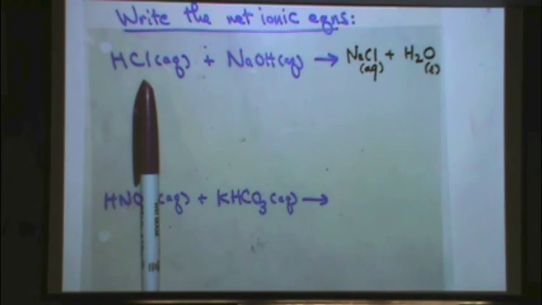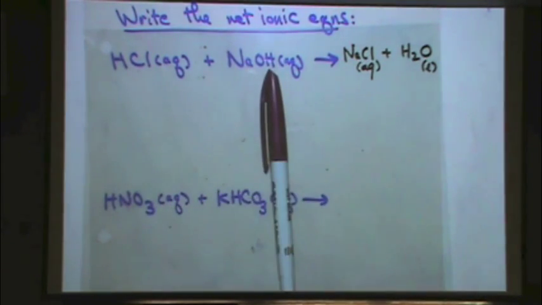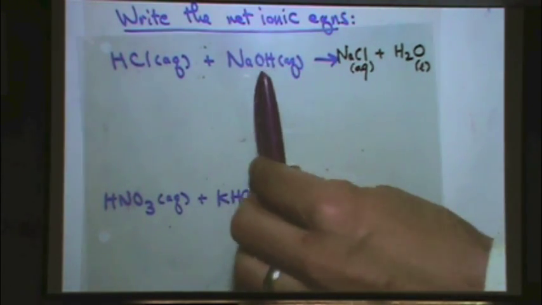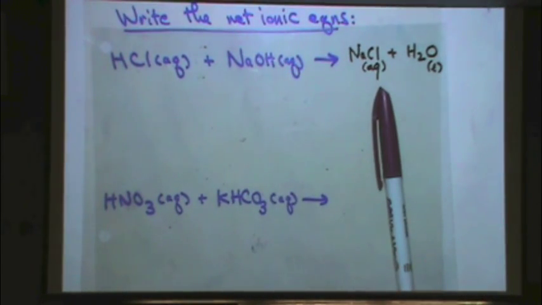The next one, is that a strong electrolyte? Yeah, it's an aqueous ionic. It's also a strong base, but you didn't need to know that. It's aqueous ionic, it's a strong electrolyte. How about the next one? Strong electrolyte? Yes, it's an aqueous ionic. Again, I'm referring to page 32 here in your reader.